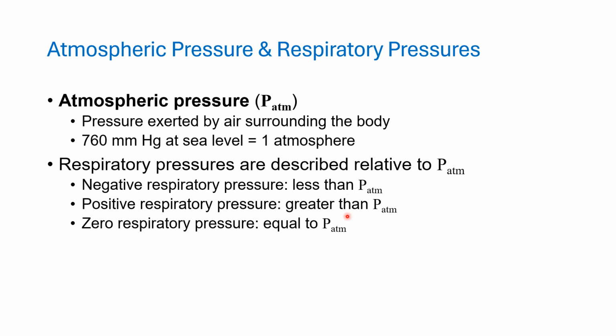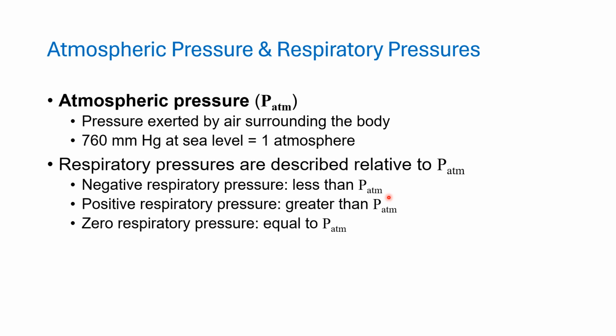And respiratory pressures are described relative to the atmospheric pressure. For example, a negative respiratory pressure is less than the atmospheric pressure. If I say that the respiratory pressure is -4, it means it is 760 minus 4, which is equal to 756 millimeters of mercury.